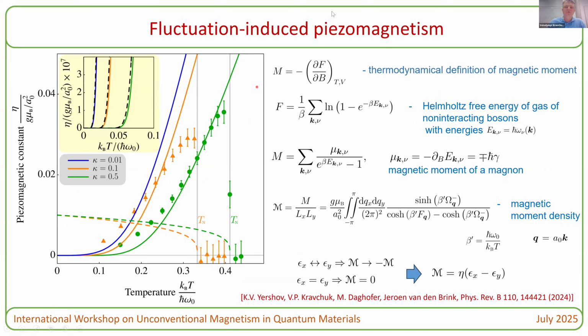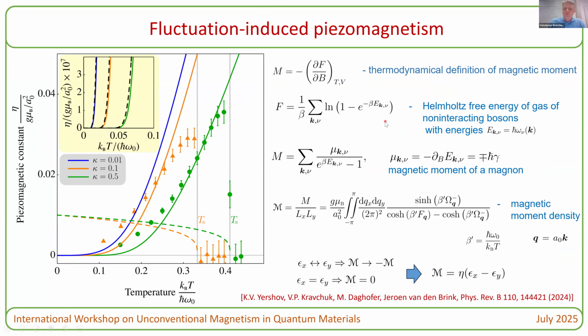For this model, we computed the piezomagnetism. So we computed magnetic moment based on the thermodynamical definition of magnetic moment. So this is just the derivative of free energy on applied magnetic field. Free energy for a gas of non-interacting bosons is known.